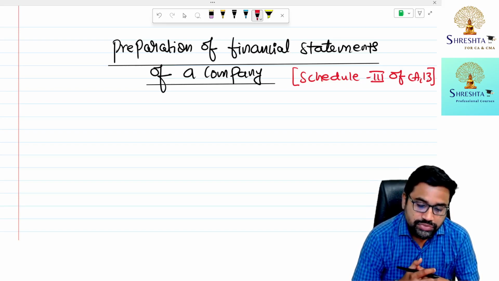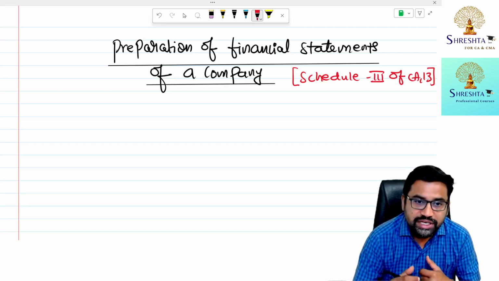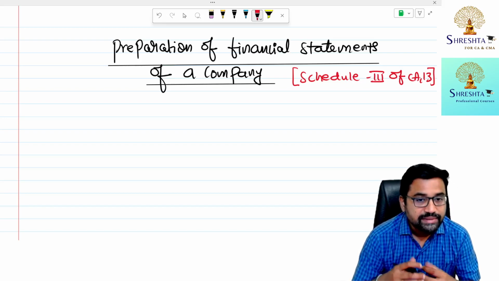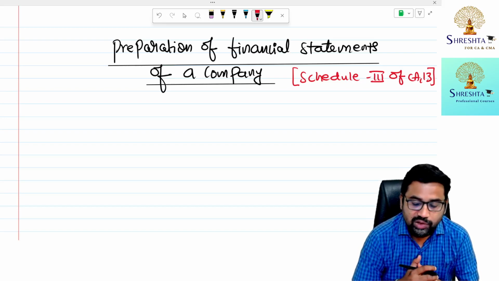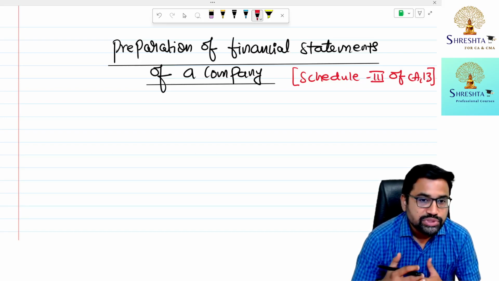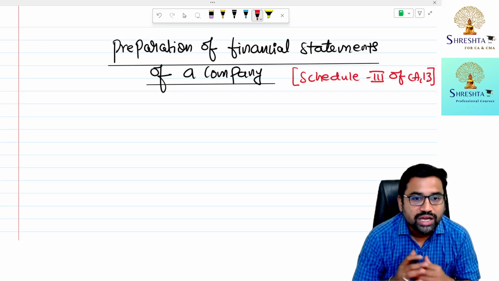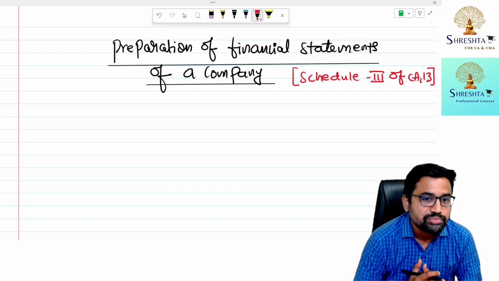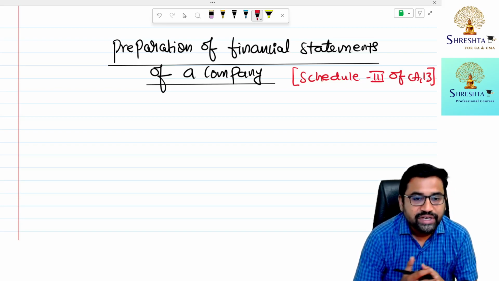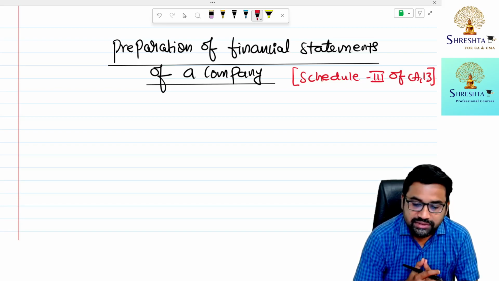So that's why financial statements take a paramount place among users. Not only that, if anybody wants to assess how the company's performance is, how the balance sheet and financial position of the company is, they will definitely check the financial statements.